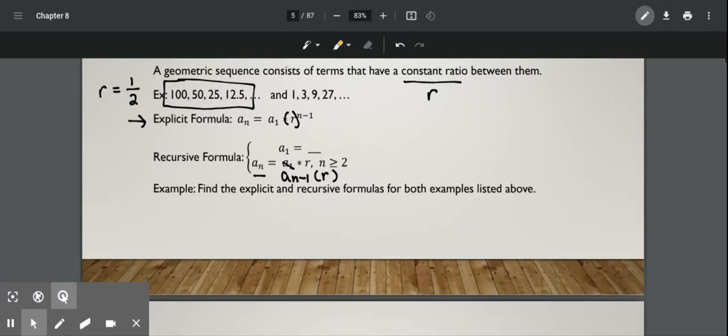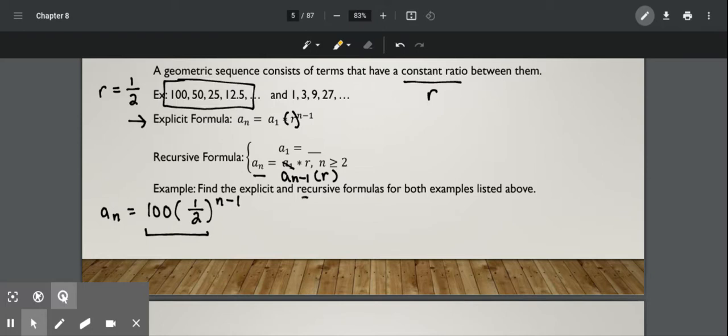So if we were to write our explicit formula, we would say A sub n equals the first term, which is 100, times the ratio, which is 1/2, to the n minus 1. Okay, order of operations says that you have to do the exponents before you multiply, so you can't combine this 100 and 1/2 and make it a 50. It just has to stay that way. You would have to raise the 1/2 to the power first before you multiply it by 100.